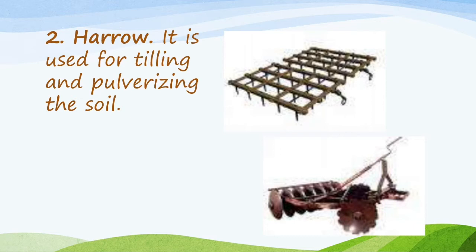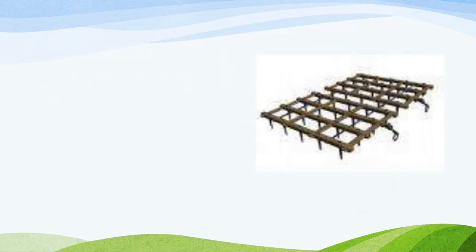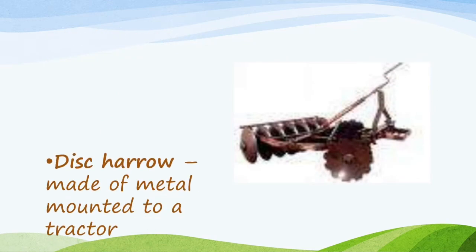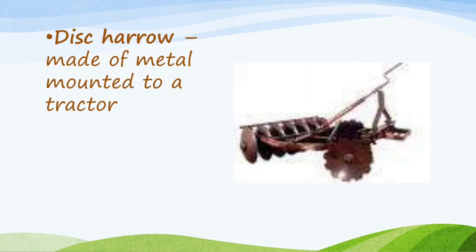Number 2, harrow. It is used for tilling and pulverizing the soil. Native wooden harrow, made of wood with metal teeth and pulled by a carabao. Disc harrow, made of metal, mounted to a tractor.